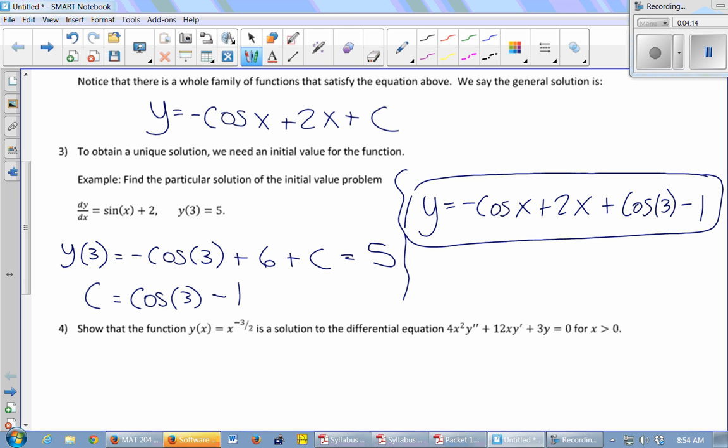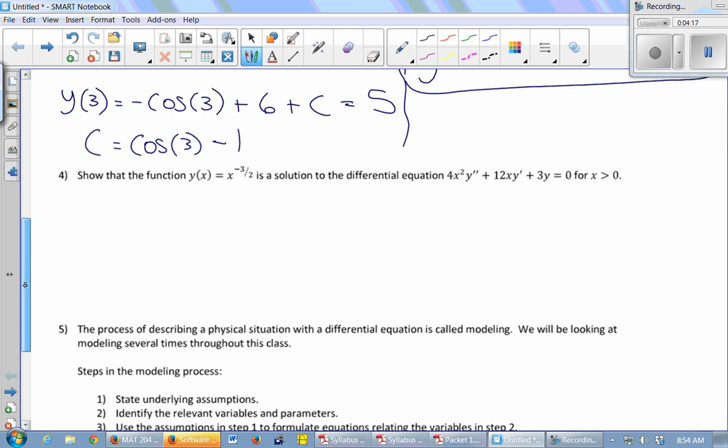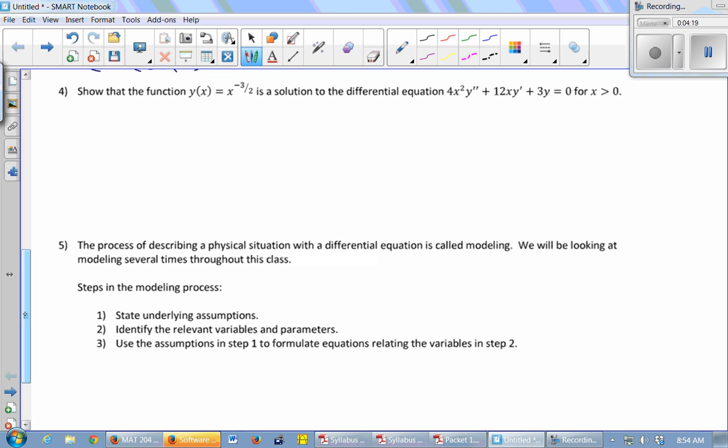By plugging in and seeing if the equation's true. So that's what we're going to do here. I have a function, y equals x to the negative 3/2. I'm claiming that that function is a solution to this differential equation: 4x squared y double prime plus 12x y prime plus 3y equals 0.